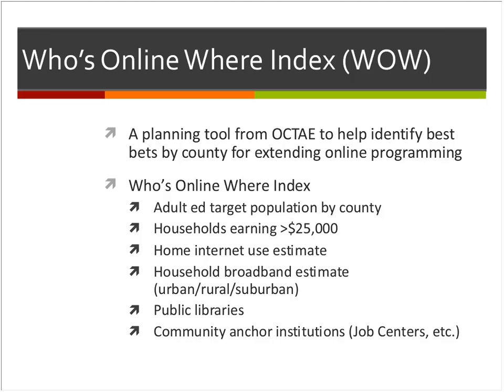Now, the data points for the index are listed here on the screen. What you end up doing is constructing an Excel sheet or a map that can make visible which areas are most likely to be able to support technology-enabled expansion of adult ed services because there's enough need, enough broadband coverage, and/or public access points at community anchor institutions. And it just gives you a way to think about and plan and be strategic about your digital strategies.